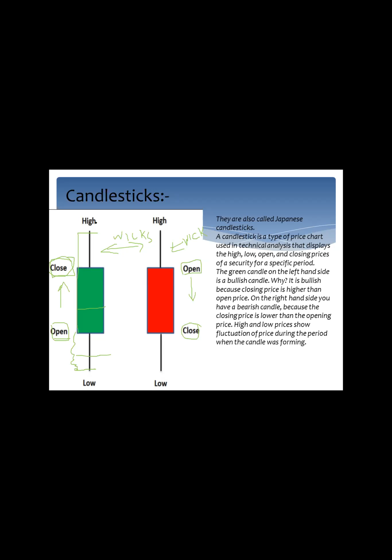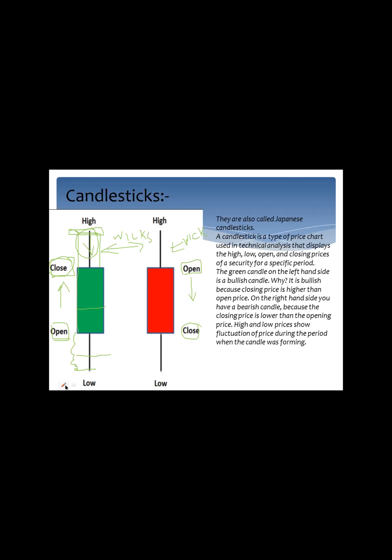So why do wicks form? There is a question arising: why don't we consider this whole thing as a body, till this point? No, because wicks signify rejection. There is some force at this point which is trying to push the price downwards, and this is why this wick has formed.